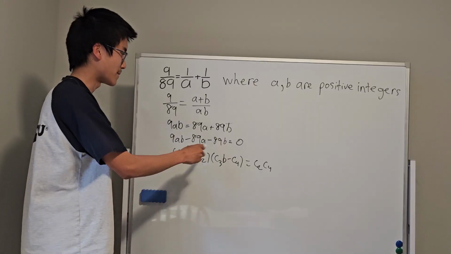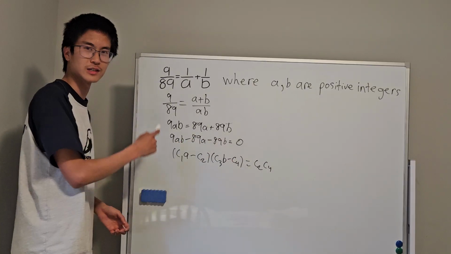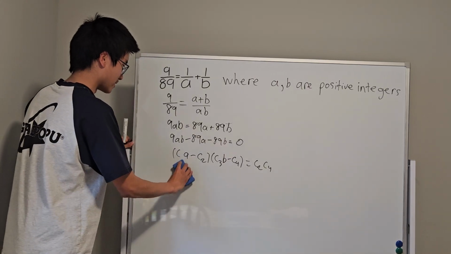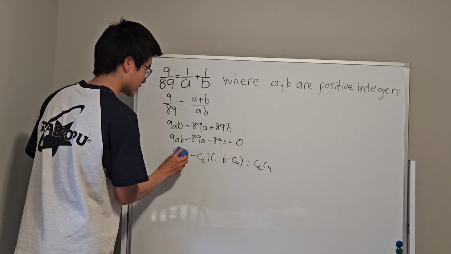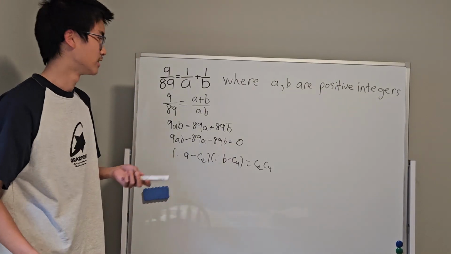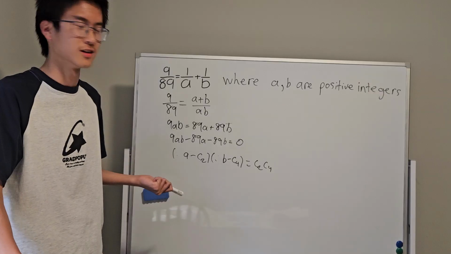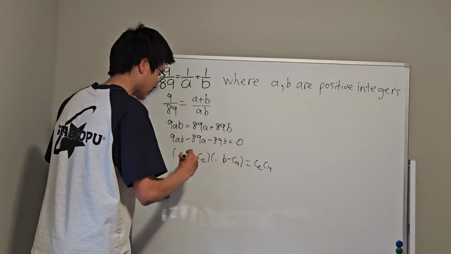By matching both sides of this equation, we note that c1 times c3 equals 9. It doesn't really matter which two integers; you can set c1 equals 9 and c3 equals 1, and either way we'll get the same answer. But for now, let's set c1 equals 3 and c3 equals 3.